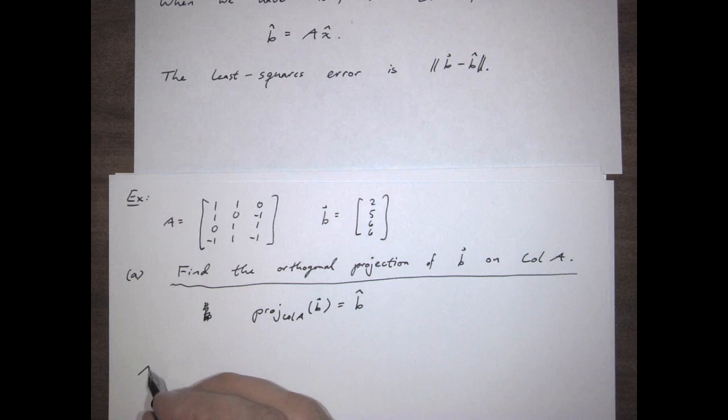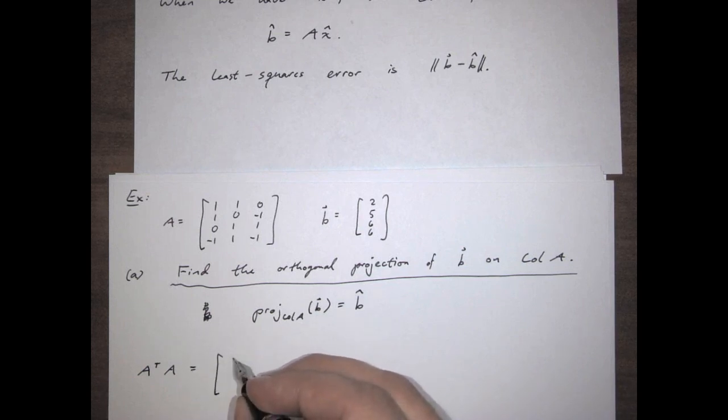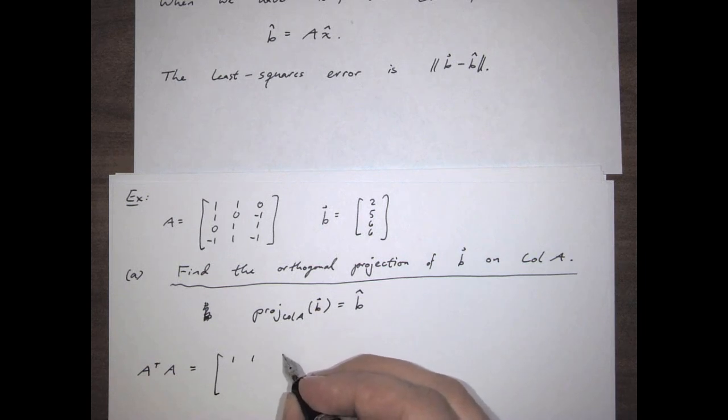So to find the x hat, what we need to do is look at A transpose A. The normal equations are our starting place for all these calculations.